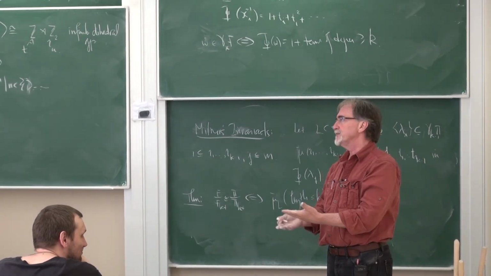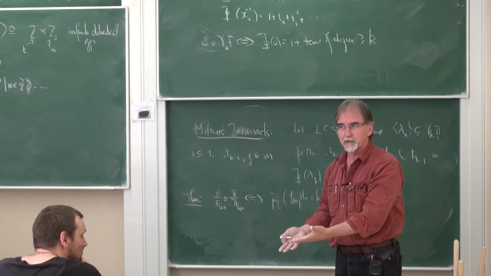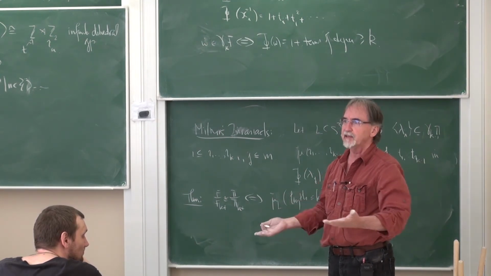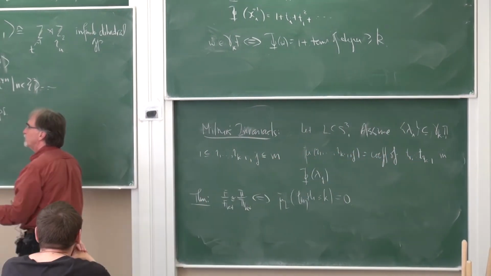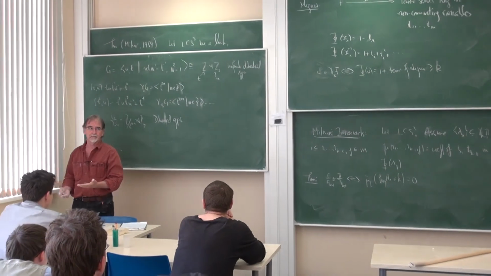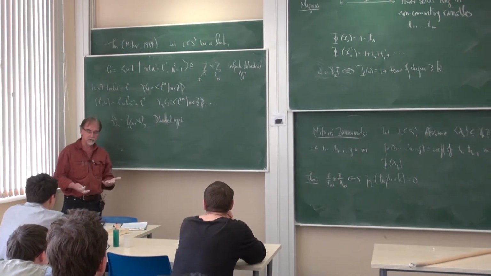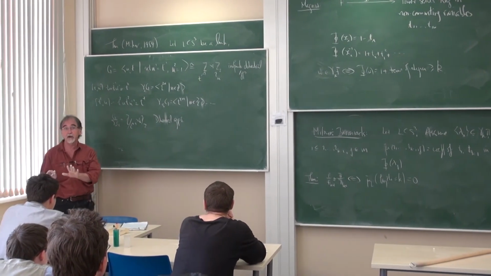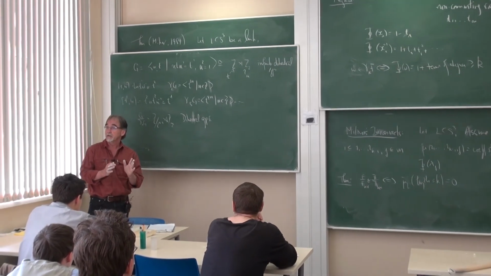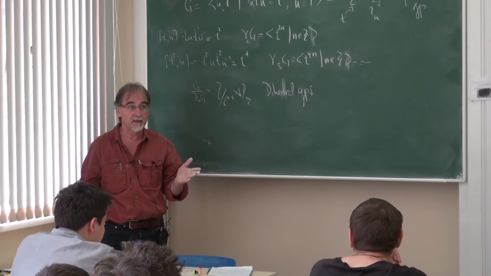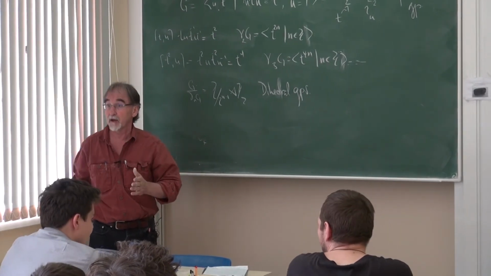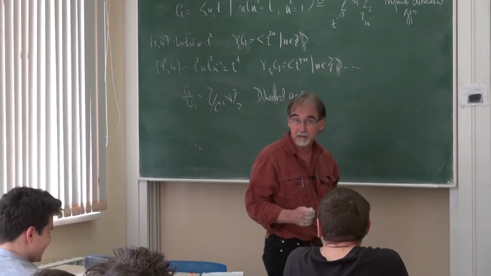Every subject he touched, he did seminal work. He did groundbreaking work in everything he did. Some of his lesser known results are better than most of us will ever do in our life. Just a truly great mathematician. Possibly, one could argue that Milnor was the greatest mathematician born in the 20th century. Some people would disagree with that strongly, and that's fine, but you could at least make the argument.